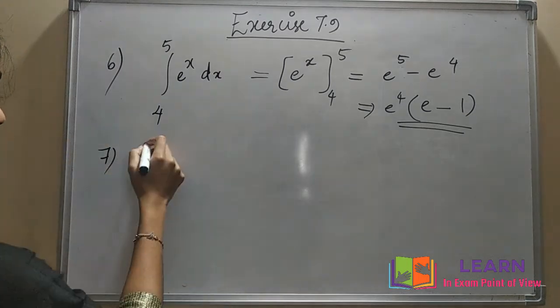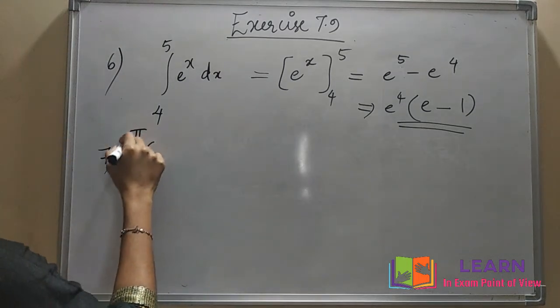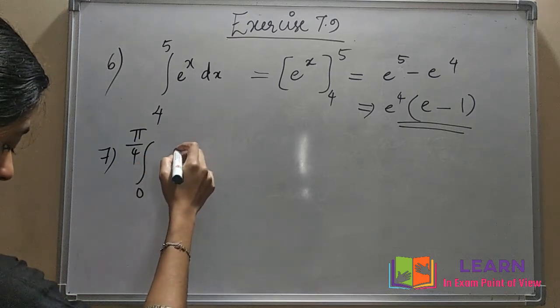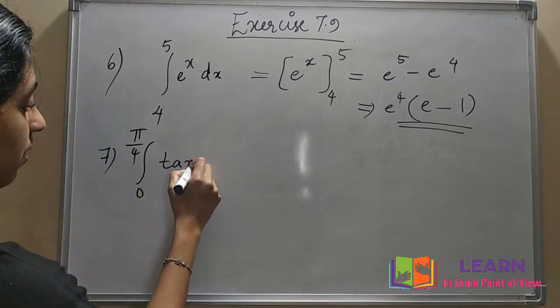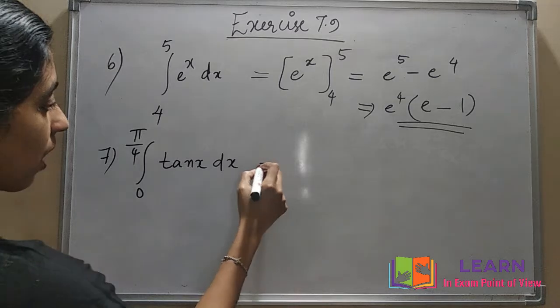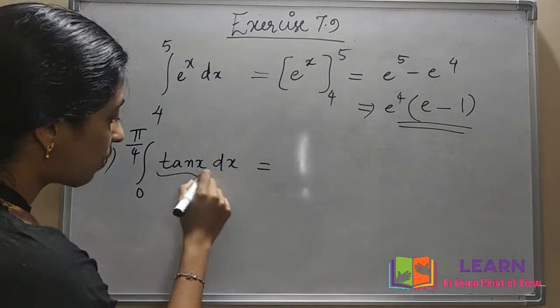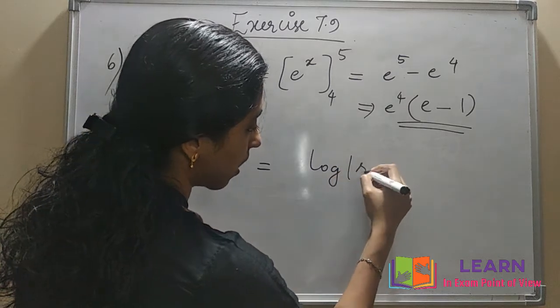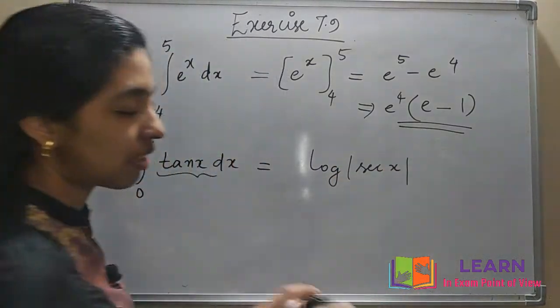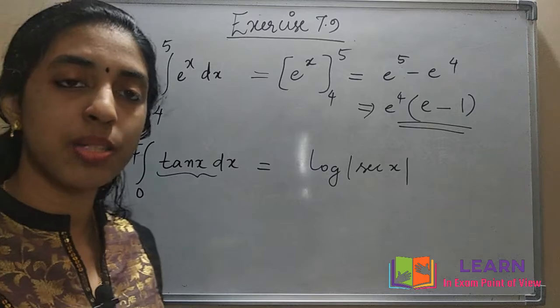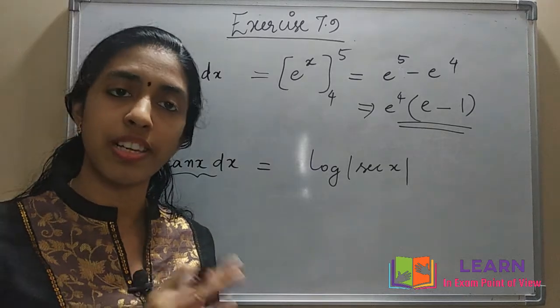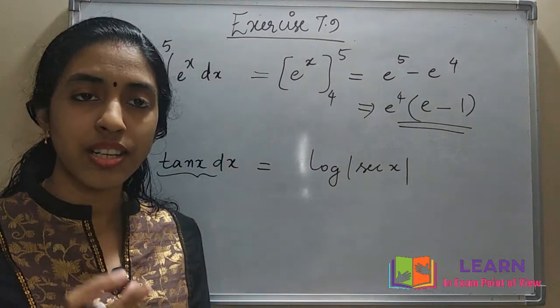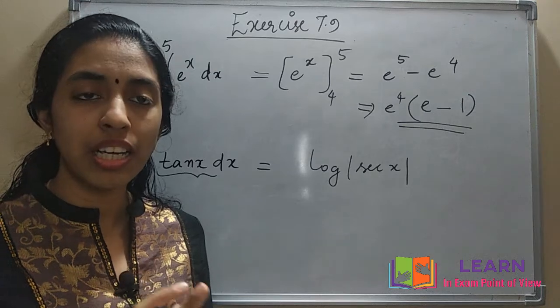Seventh one, integral 0 to pi by 4 tan x dx. Integral of tan x is log mod sec x. Actually, in this exercise, all integrals we have already studied in previous exercises. It is just a revision; we need to apply limits.